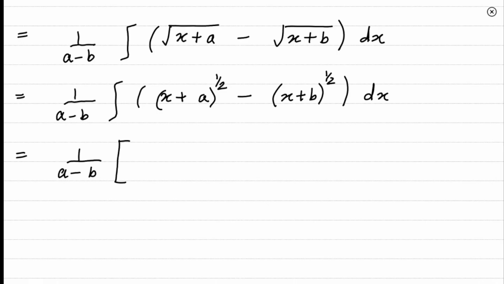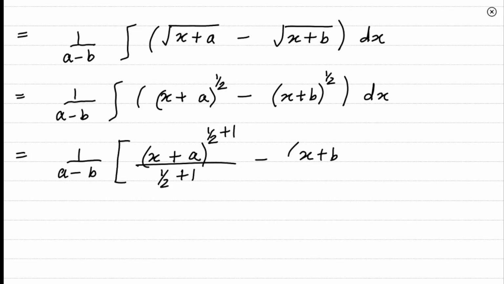We know the integral of x to the power n is x to the power n plus 1 divided by n plus 1. So this is (x plus a) to the power half plus 1 divided by half plus 1, minus (x plus b) to the power half plus 1 divided by half plus 1, the power integral formula, plus let's add the constant of integration c.